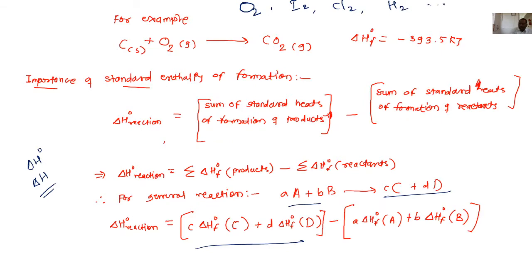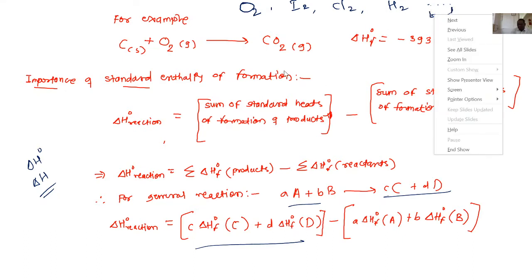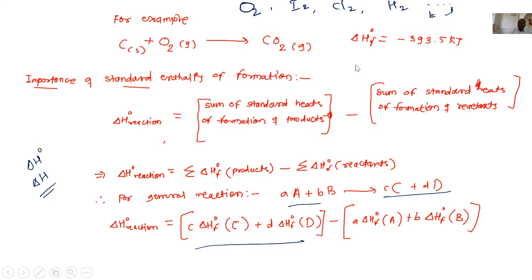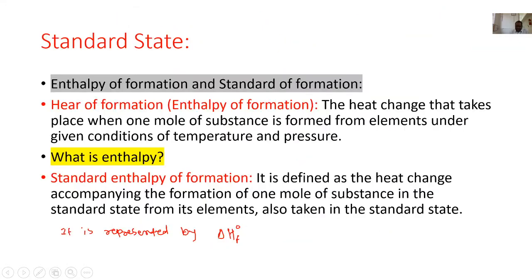At the elemental level, for the formation of these stable elements, the delta H is taken as 0. Remember that delta H for such an element is equal to 0. Remember that H is enthalpy.